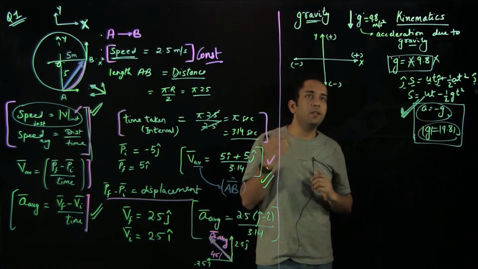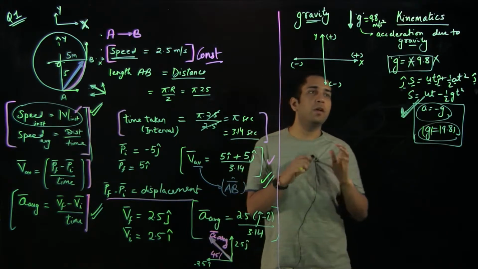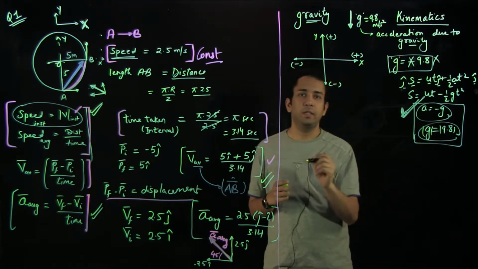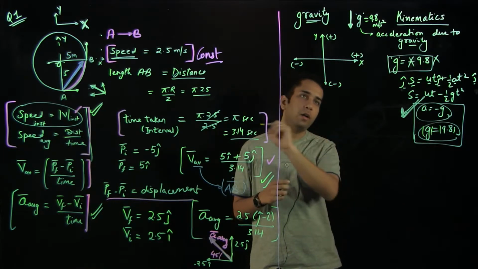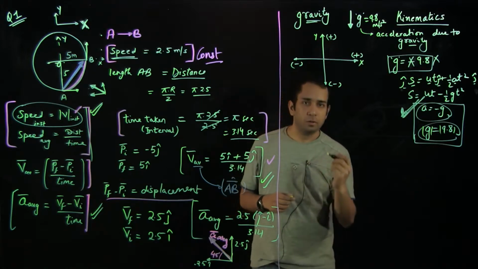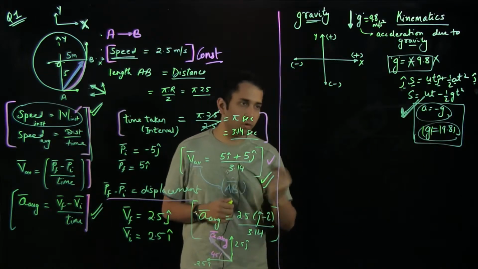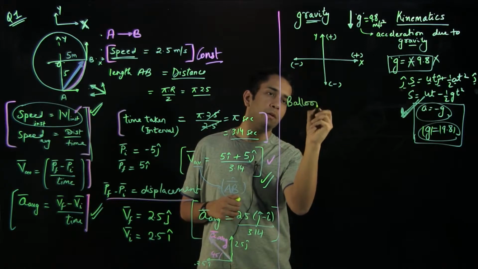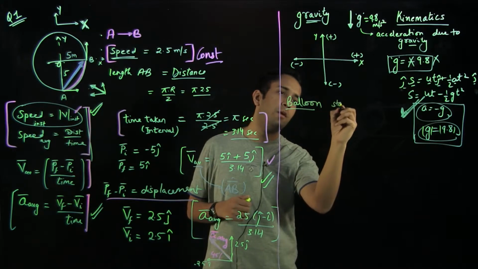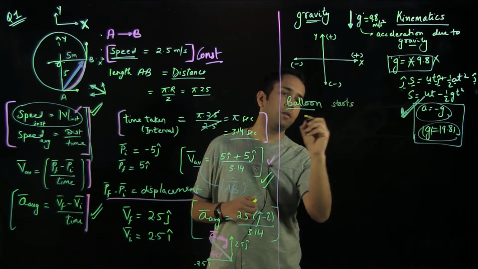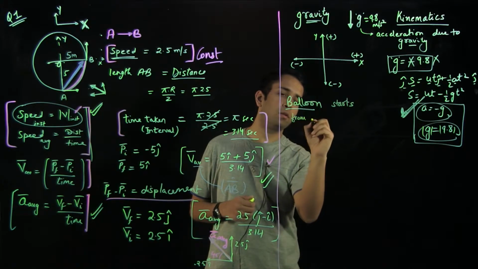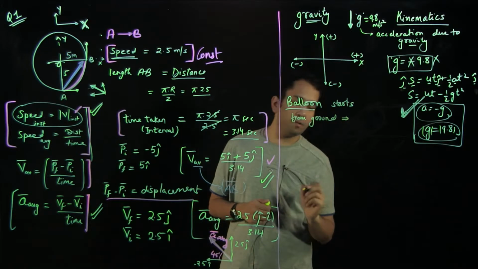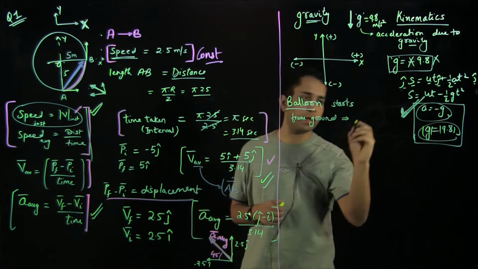The question which we did in the previous video, in that video we were implicitly assuming the i cap to be there because we were considering a motion of the car in the x direction. So the question which we are going to do here is that there is a balloon and it starts from ground and moves with a constant velocity for 4 seconds.